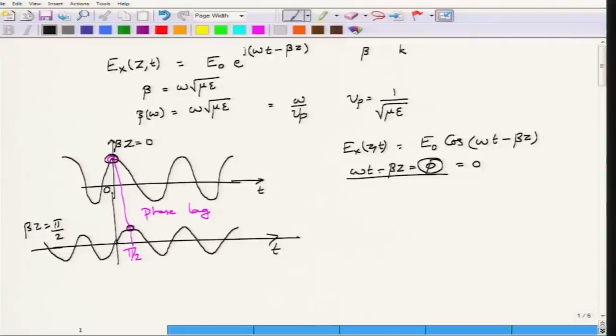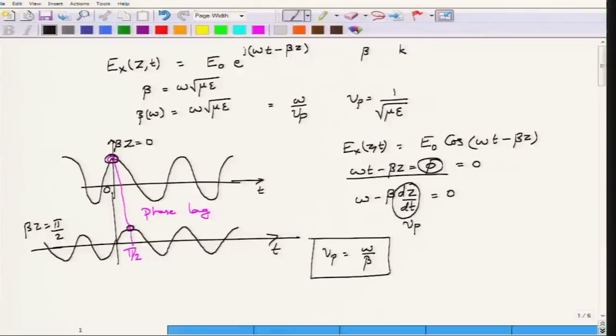Differentiate this equation with respect to time: you get omega, because omega t differentiated with respect to time is omega, minus beta, which is a constant with respect to time. So beta comes out, and I have dz by dt, equal to 0. But dz by dt is precisely what I have called the phase velocity of this constant phase point. So I now have a relationship which says Vp is equal to omega by beta.